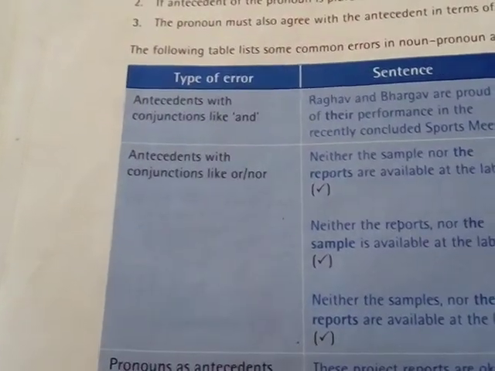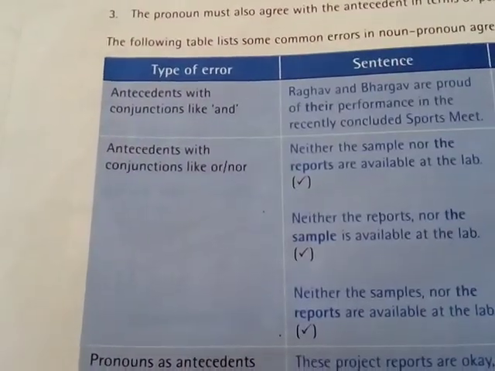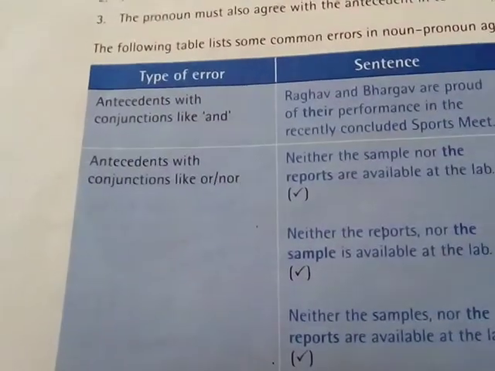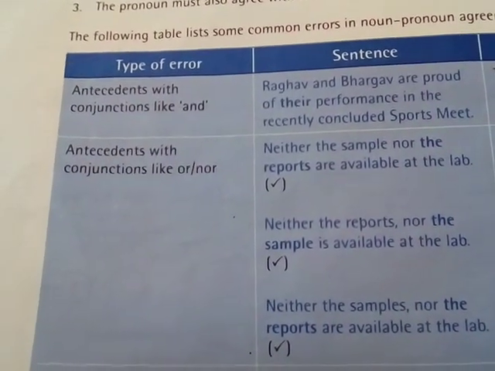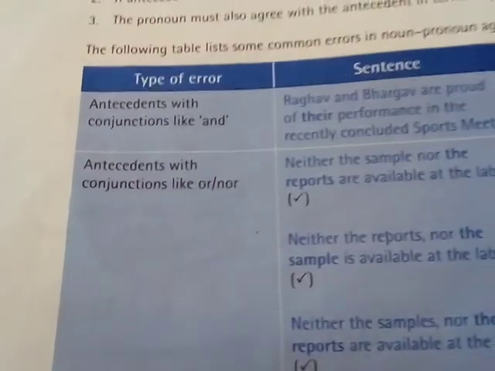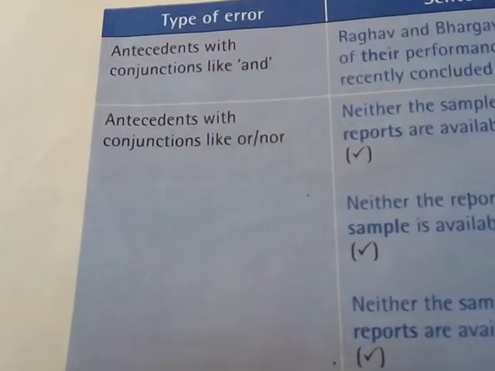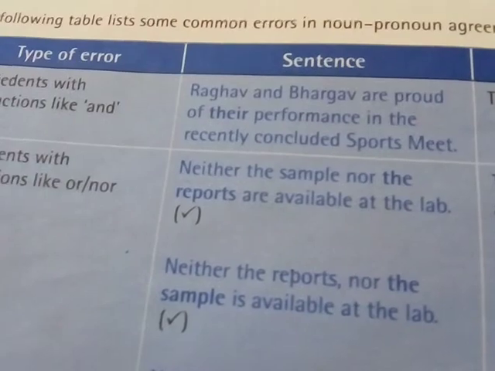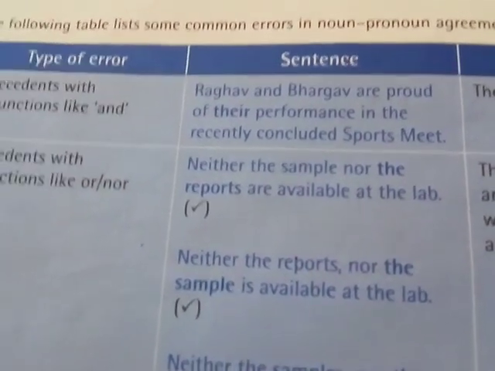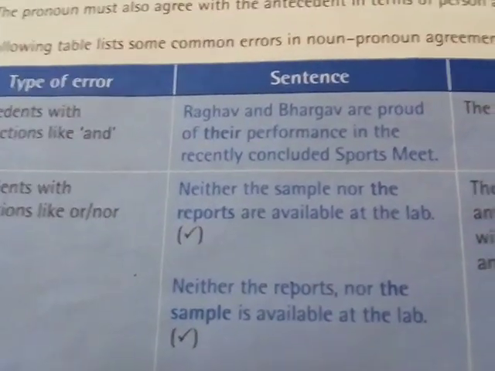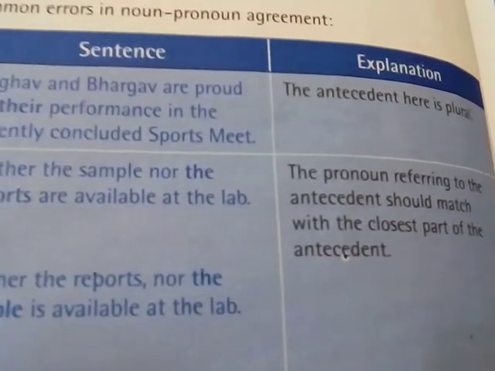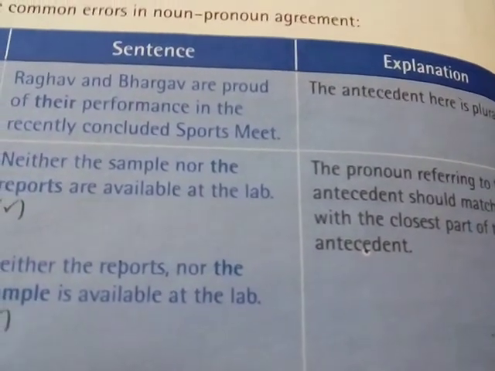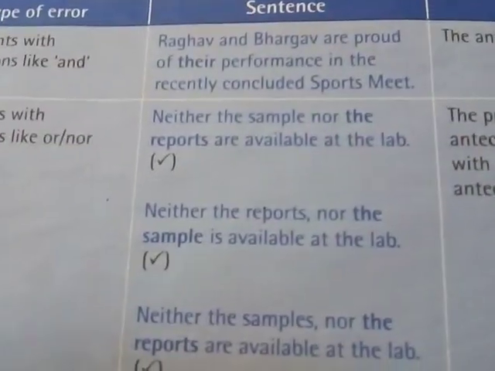Second one, antecedents with conjunctions like or, nor. Neither the sample nor the reports are available at the lab. Because here in this category, neither the sample nor the reports, so reports is a plural one. So this is correct: the pronoun referring to the antecedent should match with the closest part of the antecedent.